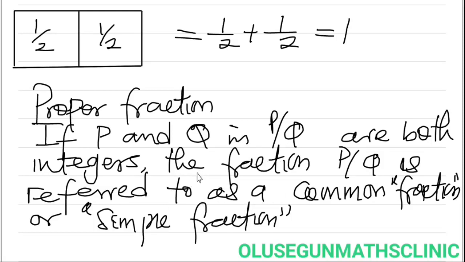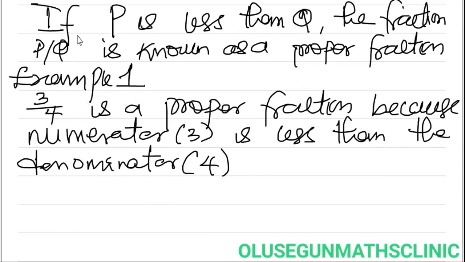If P is less than Q, the fraction P divided by Q is known as a proper fraction. That is just the meaning of a proper fraction. When you discover that the numerator is less than the denominator, we call it a proper fraction.